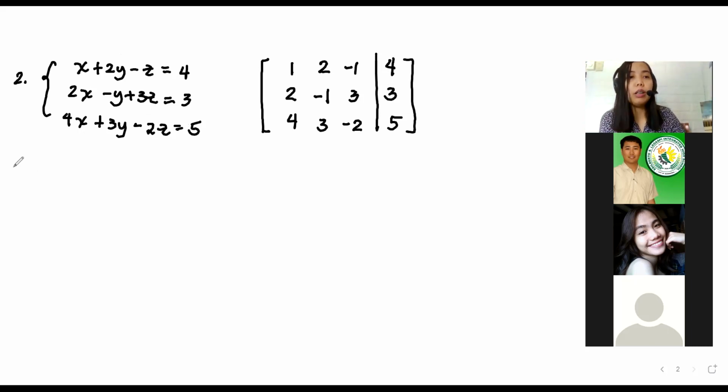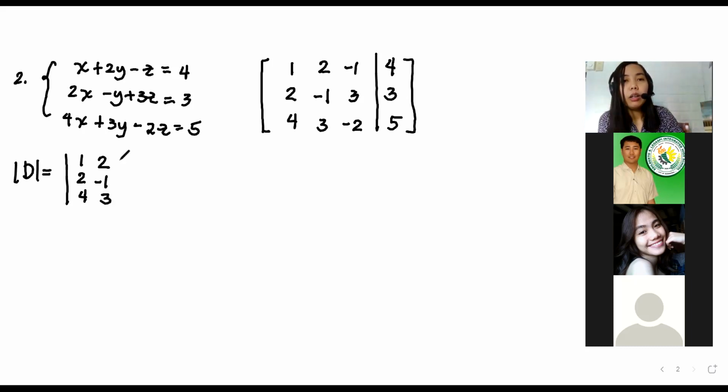All right, so let's find now the determinant. Okay, so for determinant, we will have 1, 2, 4, 2, -1, 3, -1, 3, -2.